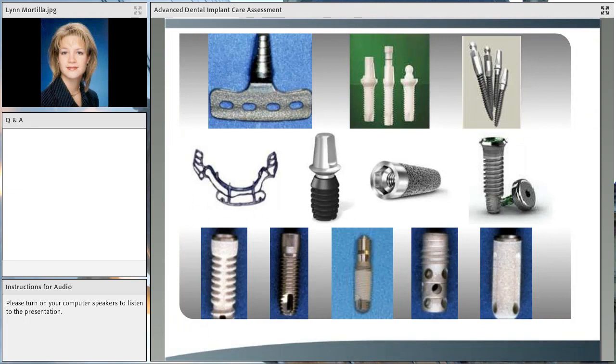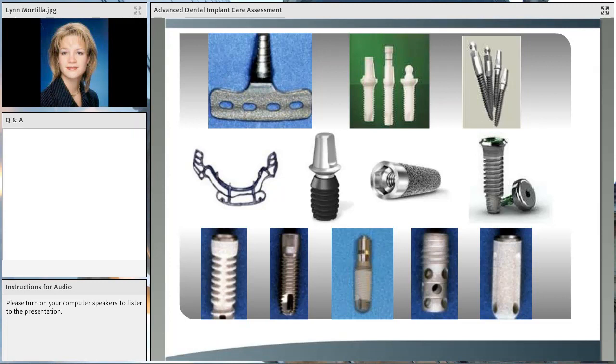If you look at the slide here, I've put a hodgepodge of all sorts of different shapes and types of implants. You see the subperiosteal in the middle on the left-hand side there. You see very thin implants. You see implants that are made of different resins. You see all sorts of different things that have been developed, and really what drives all these different developments is research.